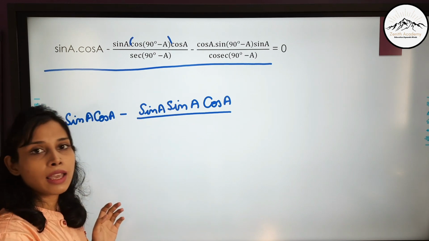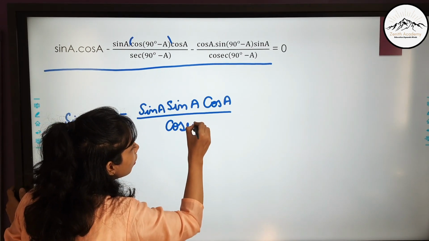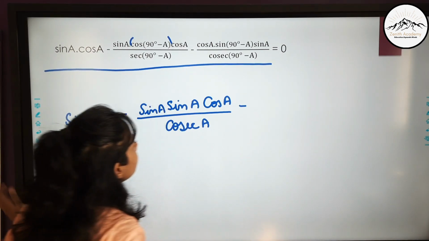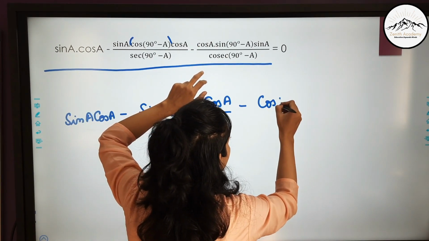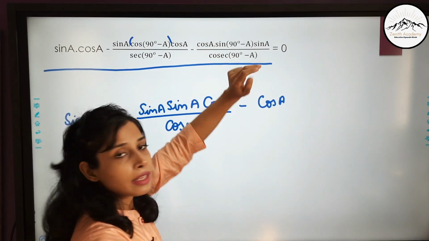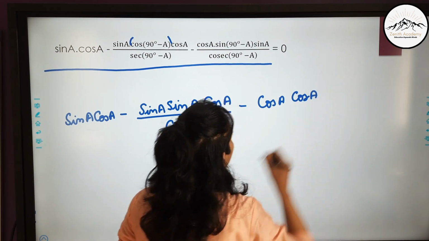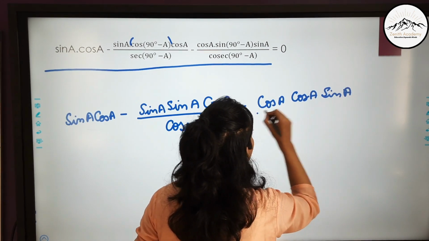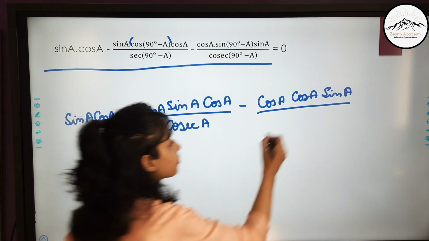Sec 90 minus A is equals to cosec A. Now, similarly here, cos A is given, what is sin 90 minus A? Cos A into sin A upon, what is cosec 90 minus A? Sec A.